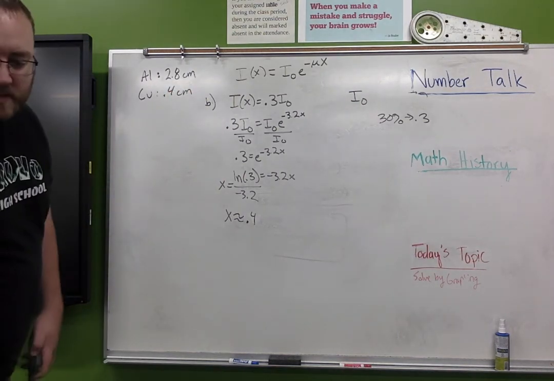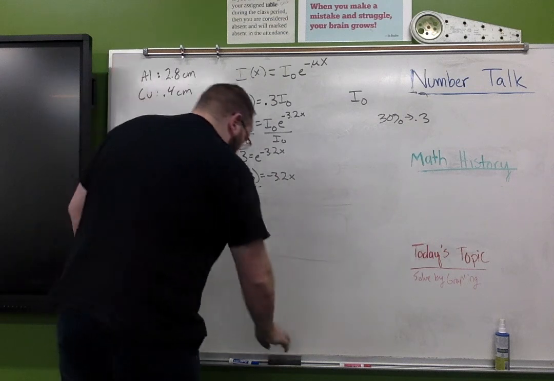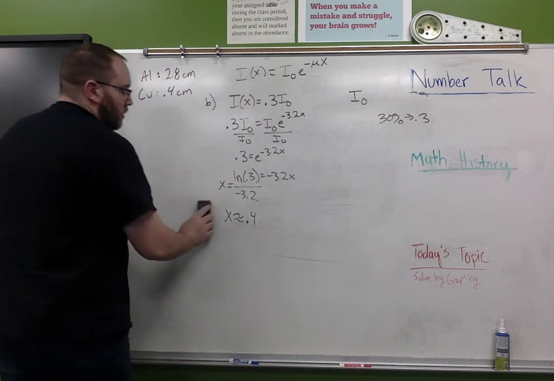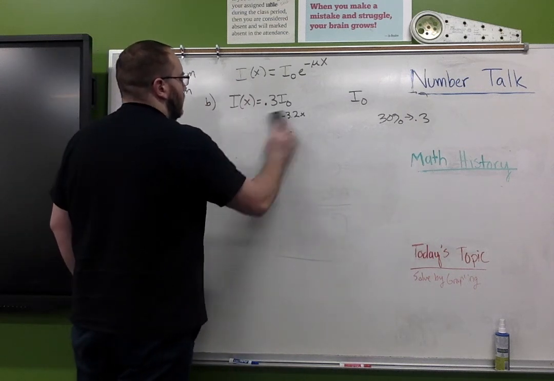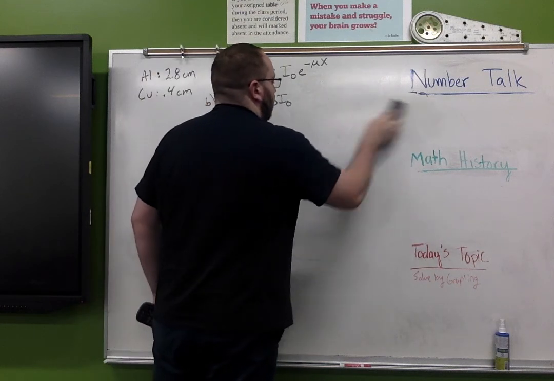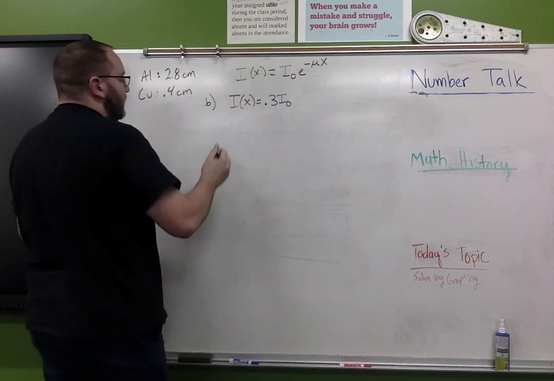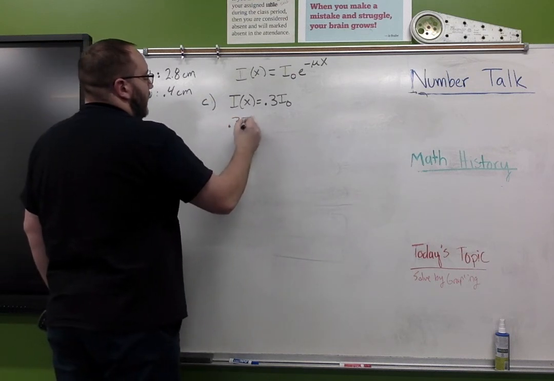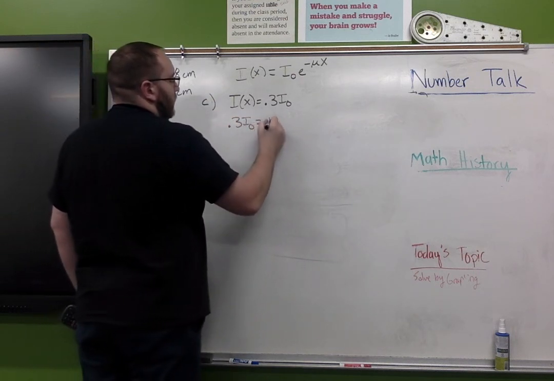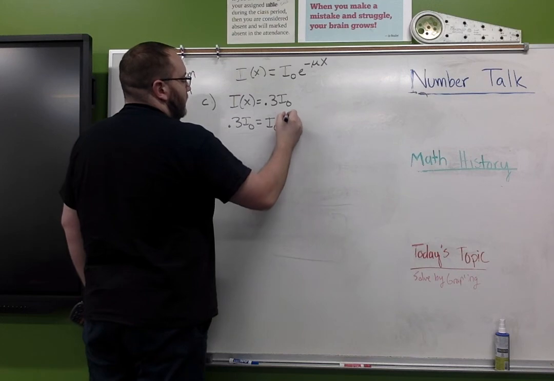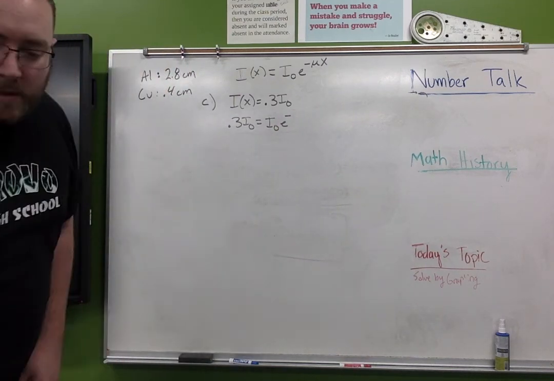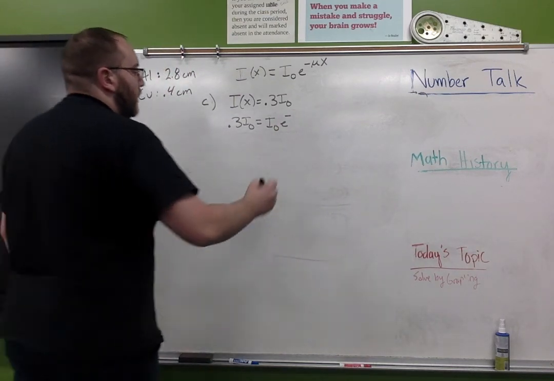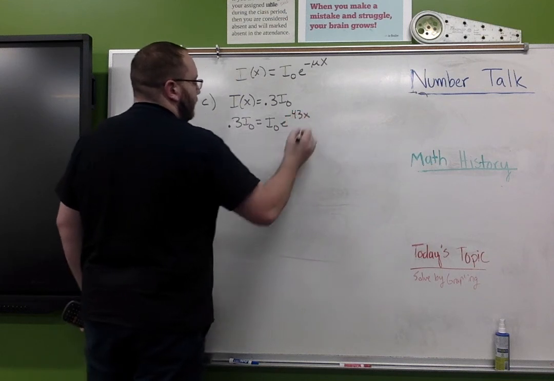Okay, and then part C says we need to do it for lead. So we have part C now. So 0.3 I naught is equal to I naught times e to the negative... Now, mu for lead says 43, so negative 43x.